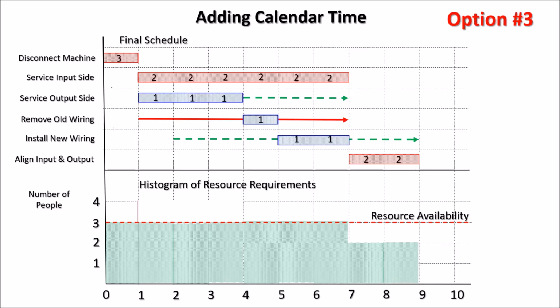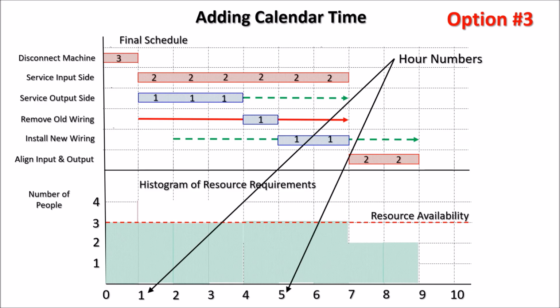And we have moved 2 of the activities in time in order to bring our resource requirements below our resource availability. We notice too that at the bottom of the resource histogram, the timing information is in hours.